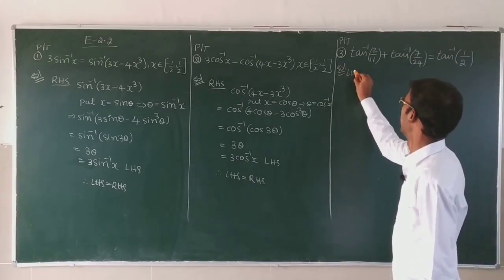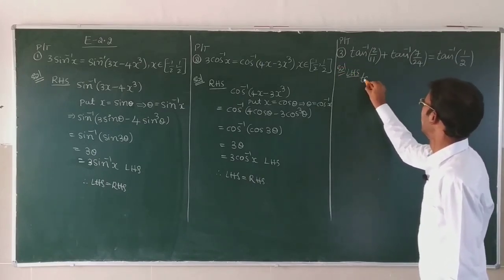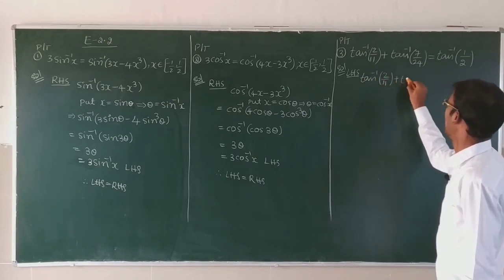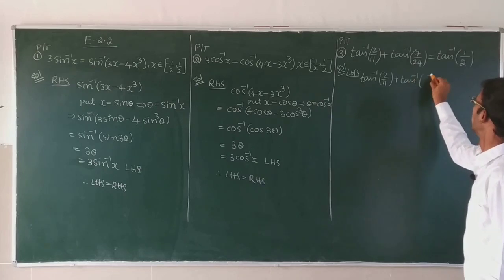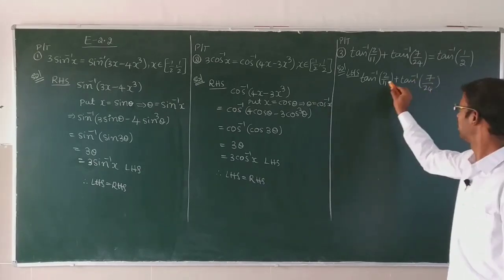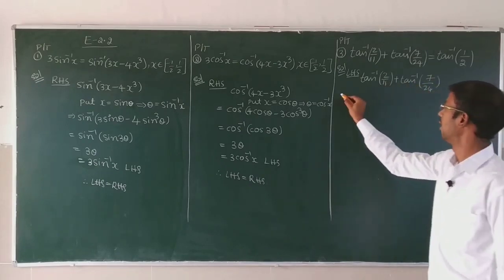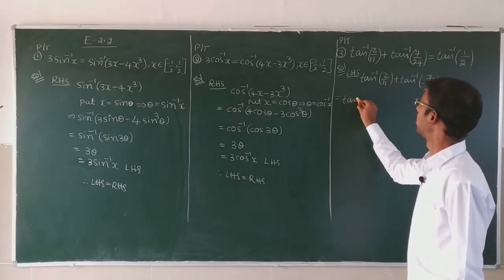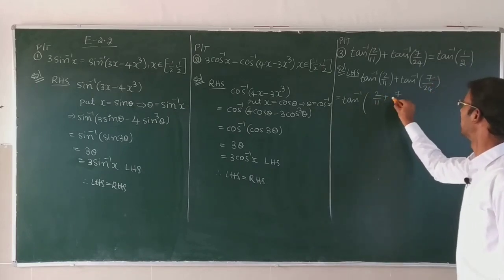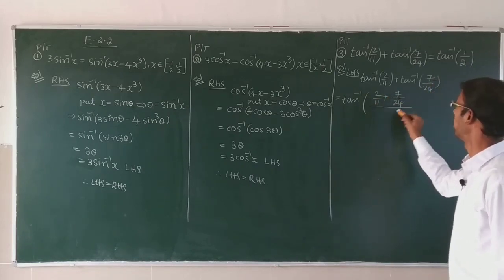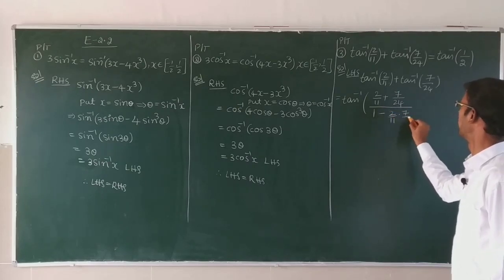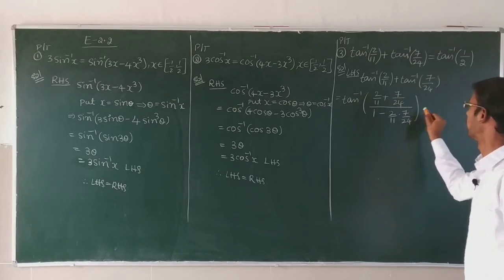Take the LHS part: tan inverse of 2 by 11 plus tan inverse of 7 by 24. The formula is there: tan inverse x plus tan inverse y is tan inverse of x plus y by 1 minus xy. So, tan inverse of 2 by 11 plus 7 by 24 whole divided by 1 minus 2 by 11 into 7 by 24.